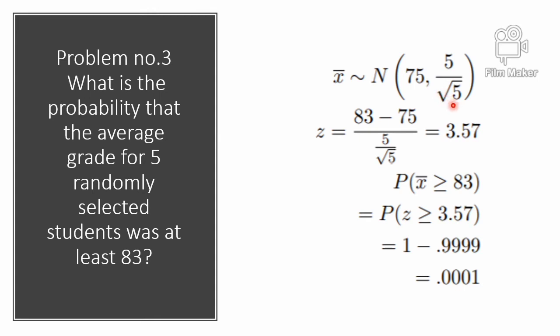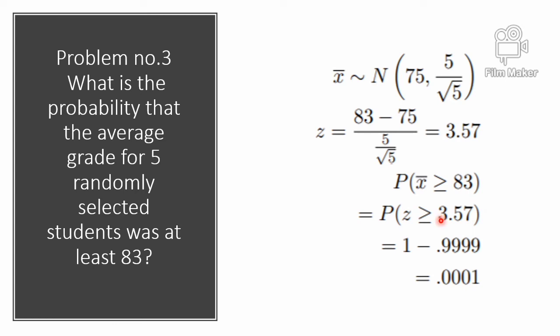So we will use 83 minus 75 divided by 5 divided by the square root of 5, which is the n. The answer is 3.57. So P is the average mean greater than or equal to 83, and Z is greater than or equal to 3.57.